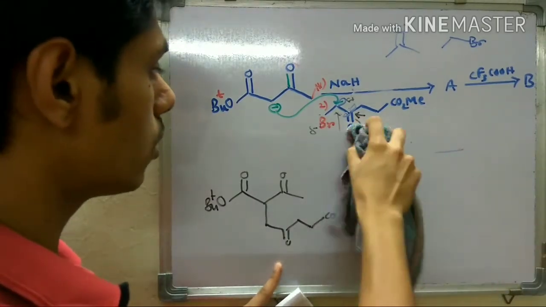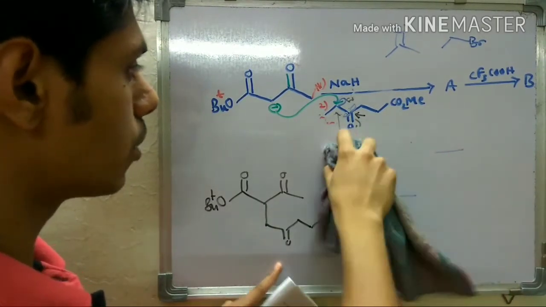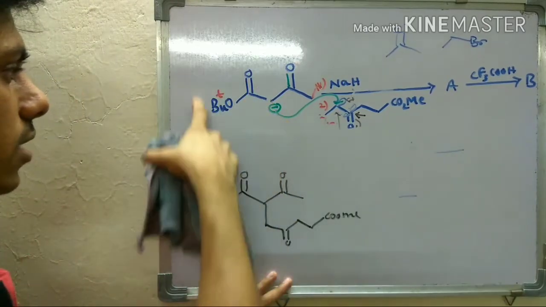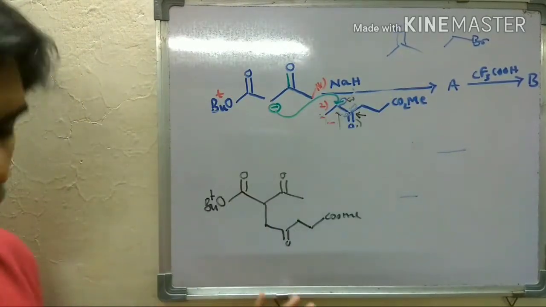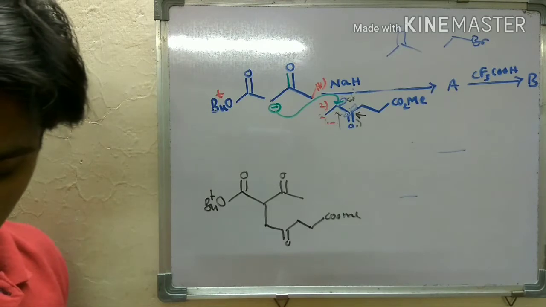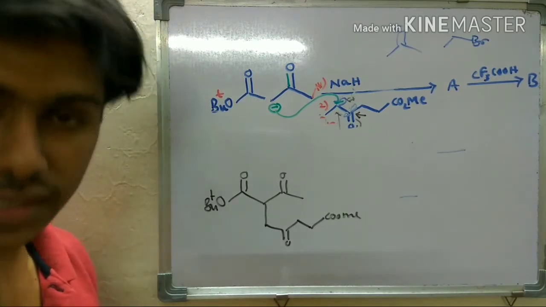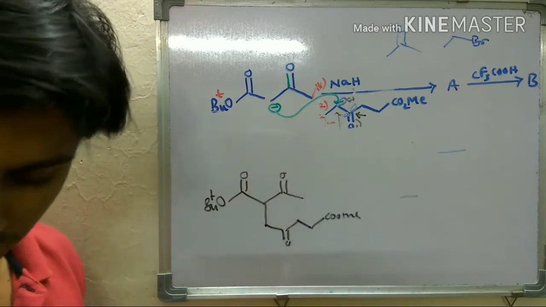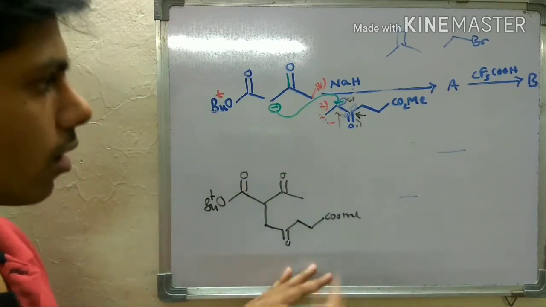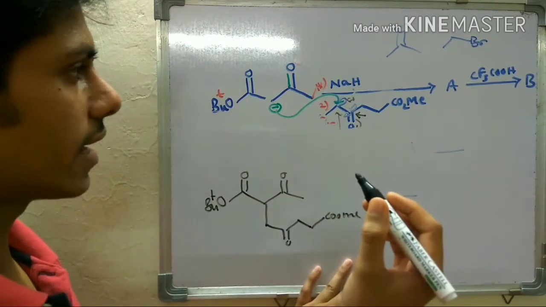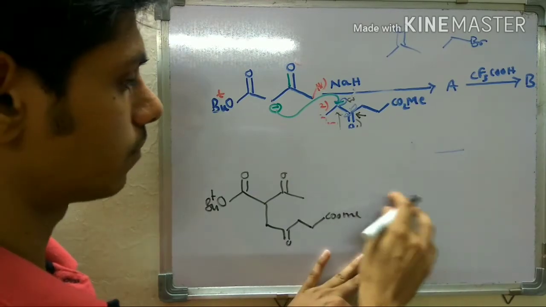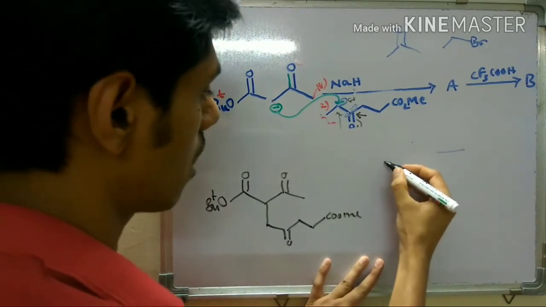Now this position is a tert butyl ester, and when you treat it with trifluoroacetic acid, the ester hydrolysis will occur, and this ester hydrolysis is AAC1 type, sorry, not AAC1, this is AAL1 type.